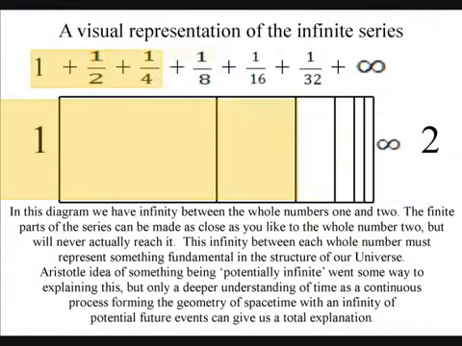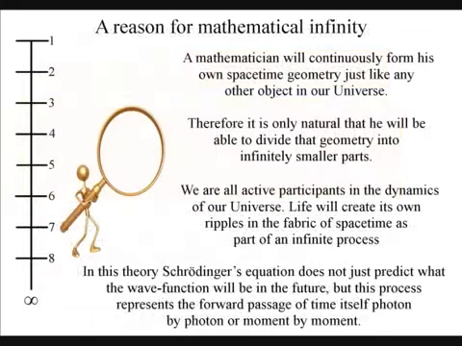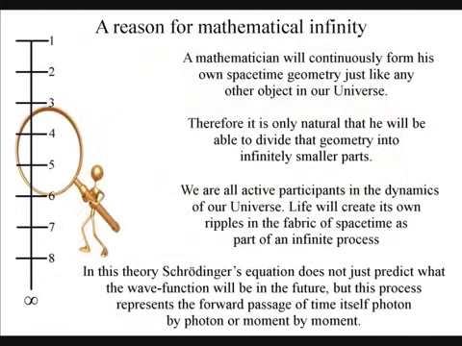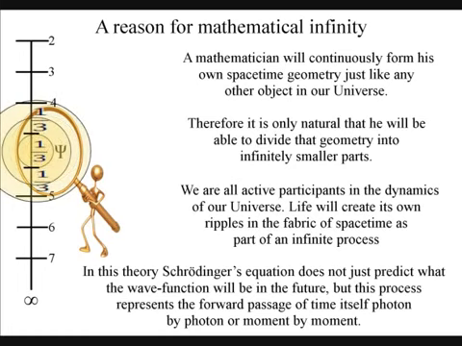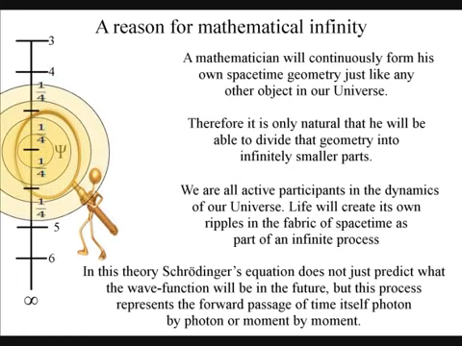This theory can explain the paradoxes of mathematical infinity. These infinities are formed because we have a process of continuous creation that we see and feel as time, that has the geometry of space-time. A mathematician will interact with this universal process just like any other object, continuously forming his or her own space-time geometry.